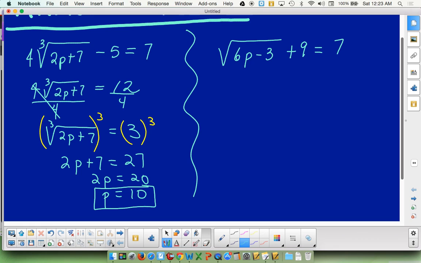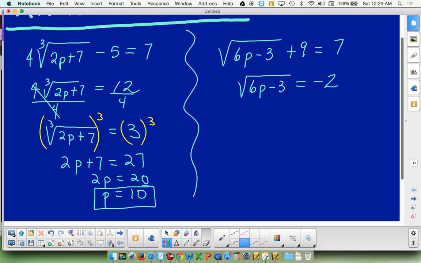So on this next one, it's just a nice little square root, but there are issues when you're dealing with even roots. If I subtract 9, I'll get -2. Whereas when you cube things, if something's positive, it stays positive. If a number's negative, it stays negative.